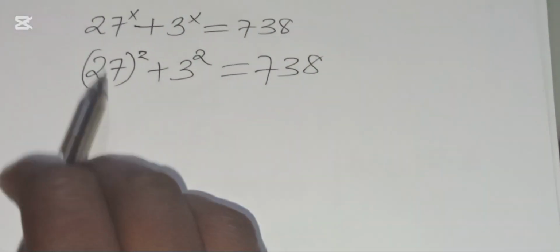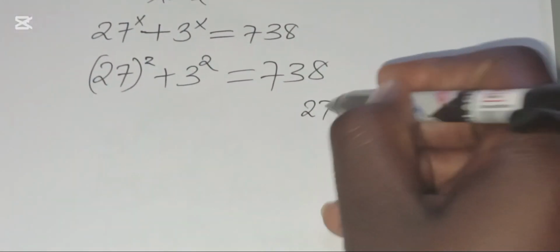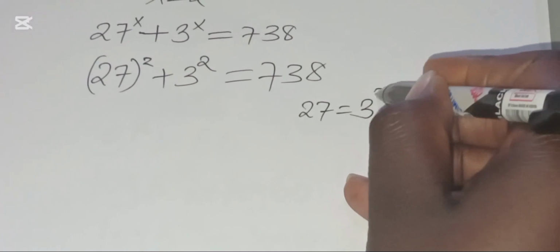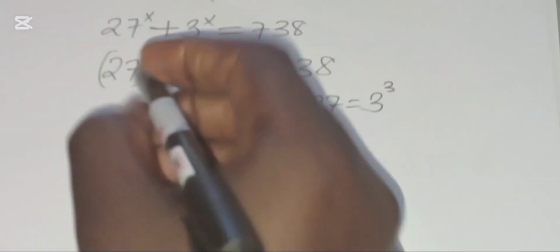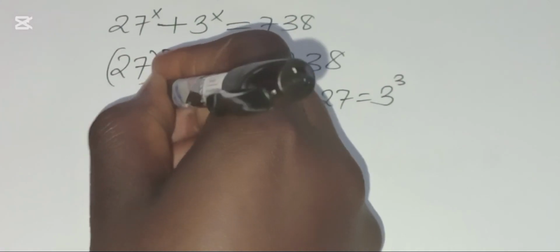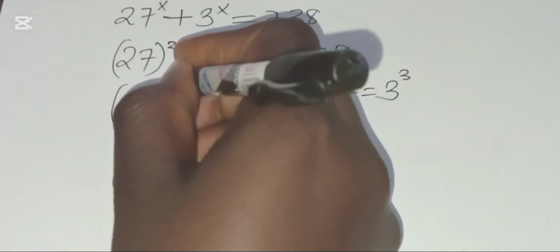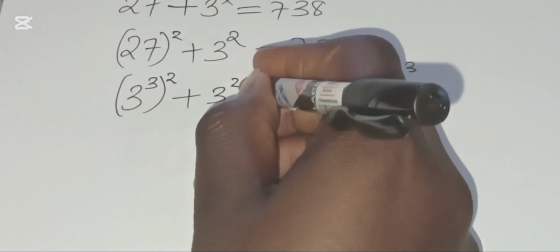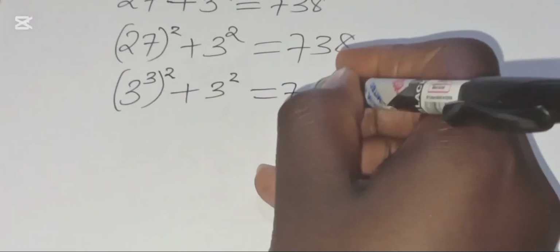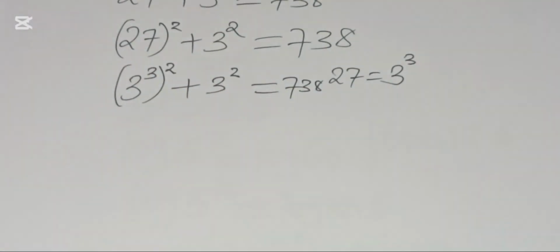Okay, so 27 can be expressed as 3 raised to power 3. Now this is the same as 3 raised to power 3, all raised to power 2, plus 3 squared. This is supposed to give us 738.